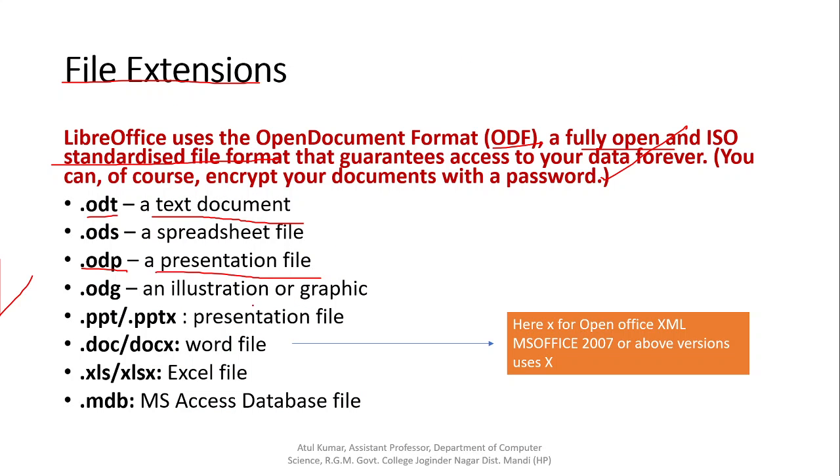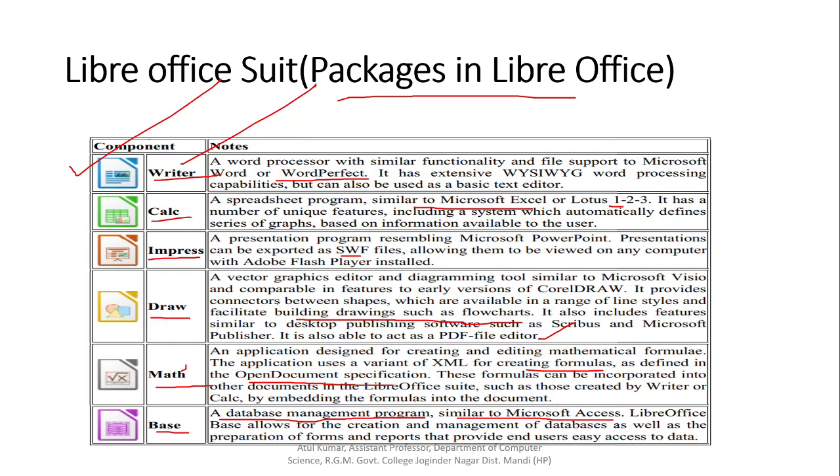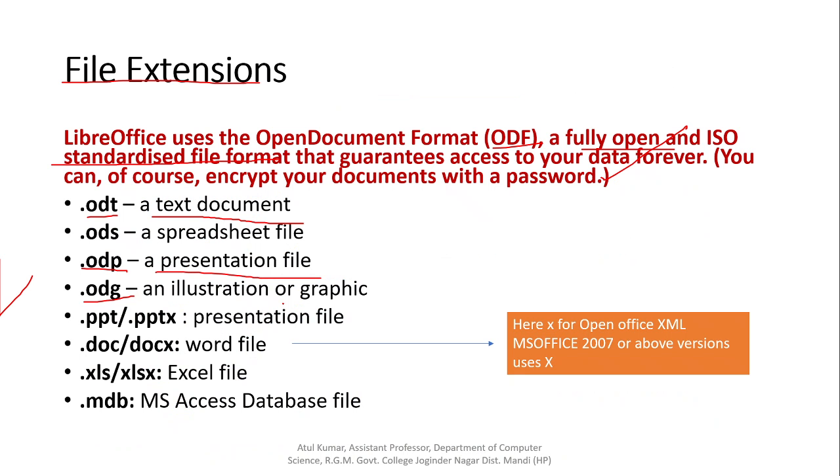The next we have the .odg extension. It is basically an illustration or graphics file, and the software we use is Draw. Next, I have also included some other extensions that we use heavily in Microsoft, that is .ppt or .pptx.